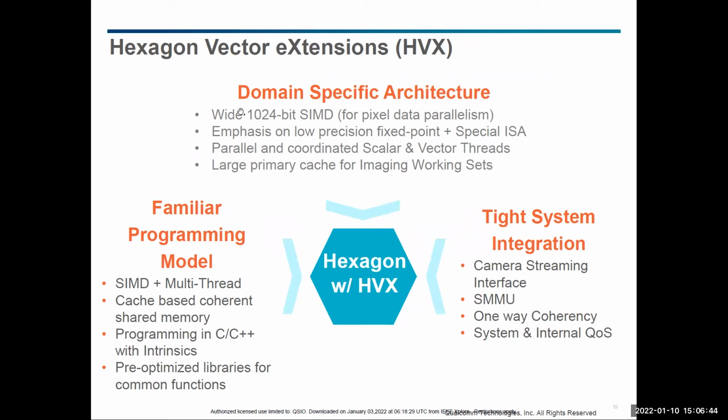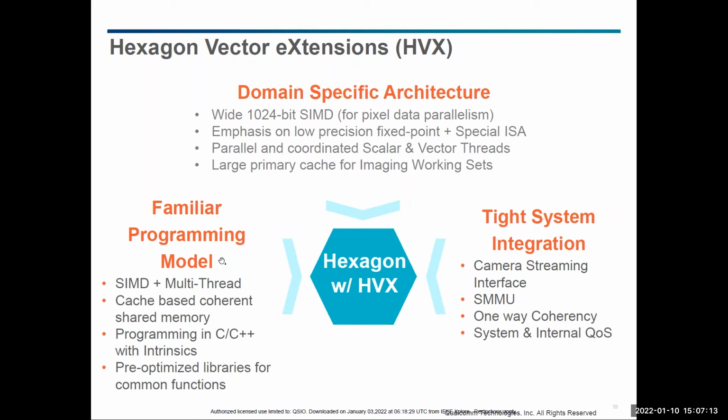Just to recap it quickly, we discussed the domain-specific architecture, why HVX is suited for imaging applications, and how its 128-bit SIMD mode along with the VLIW architecture helps in processing large chunks of data. We also discussed thread-level parallelism and the coexistence of scalar and vector threads. We discussed the primary L2 cache that is available, which is large in size for imaging data.